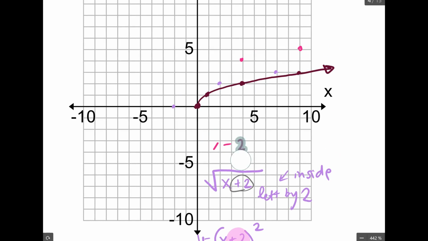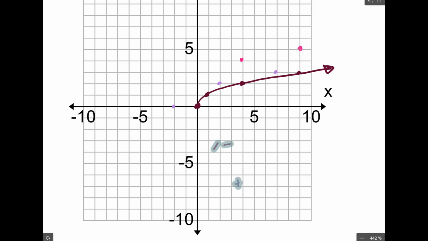All right, the last thing I want to talk about, get rid of these pink and purple guys, I want to talk about the domain and the range. So the domain is the X, the range is the Y. So what's my basic domain and range? Well, I don't have any X values on my left side, right? So I didn't plug in any negative X values. So it's going to go from 0 to infinity.